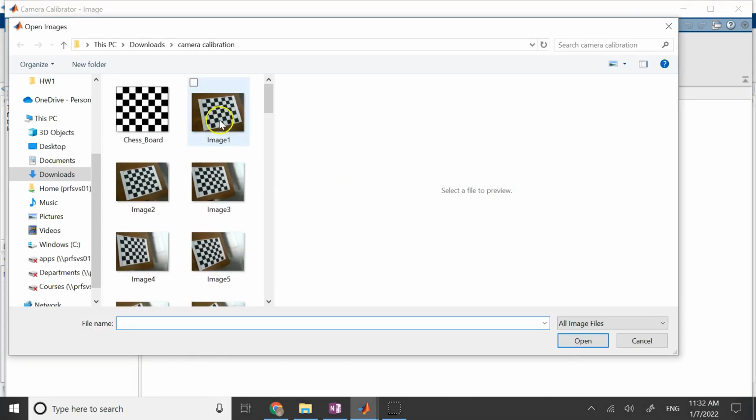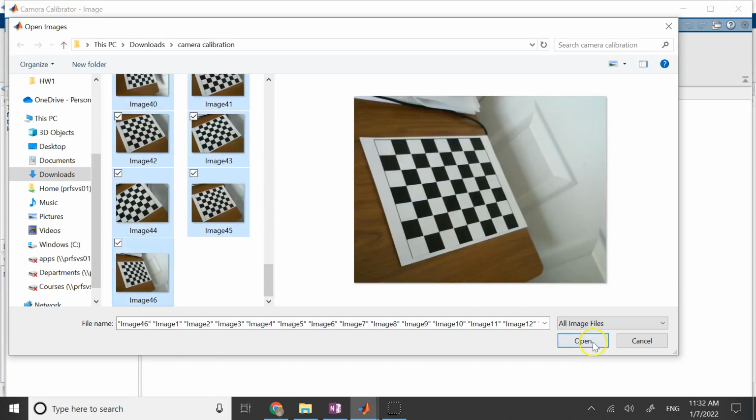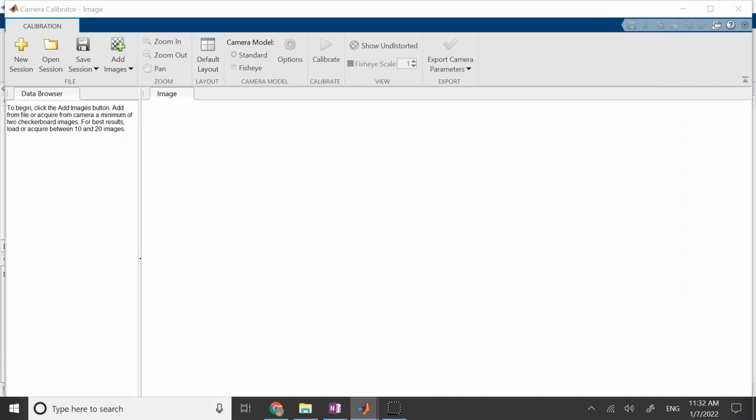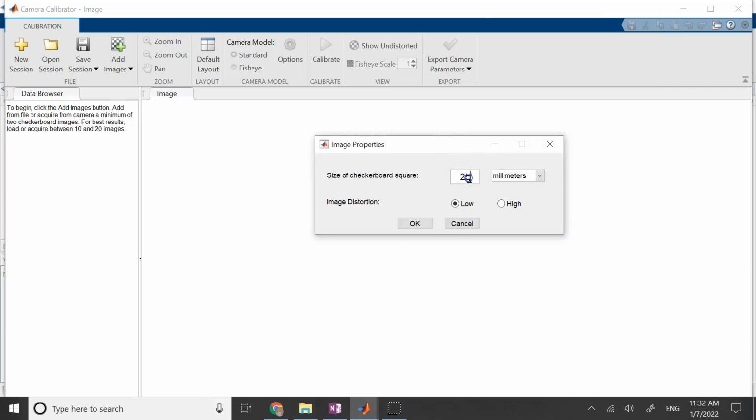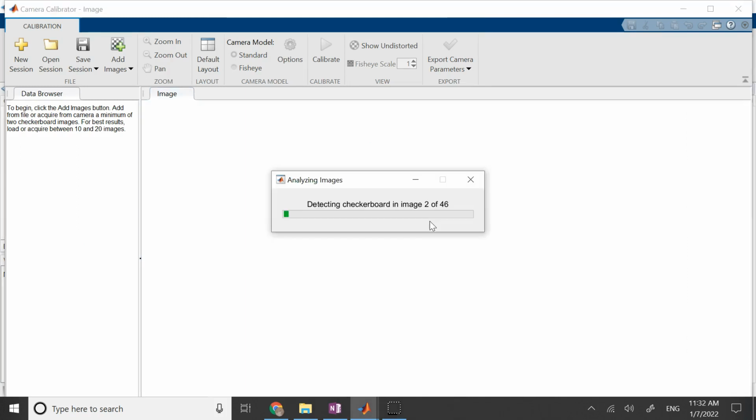I have already chosen all of these images, and here again I provide the size of each side. It is going to detect the checkerboard in these images and tell you if you have 20 good images or not. Then you can proceed.